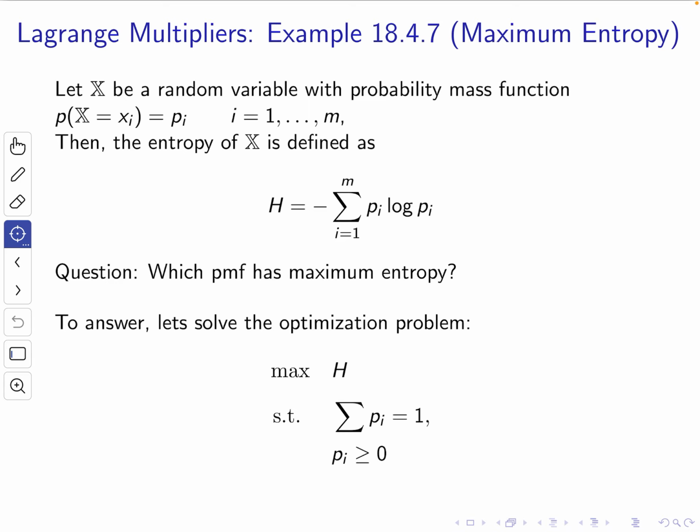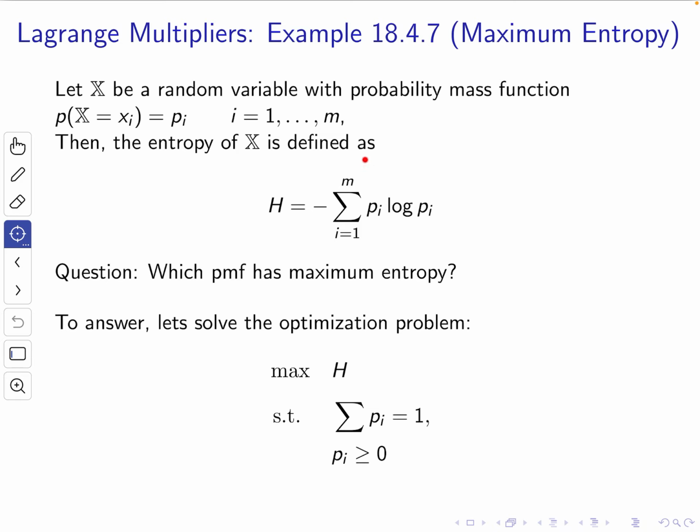Okay, let's do another problem. Let's suppose that x is a random variable with a probability mass function. The probability that x is equal to xi is some pi. And then we can find the entropy of this random variable. The entropy is defined as h equals minus the sum of pi times log pi.